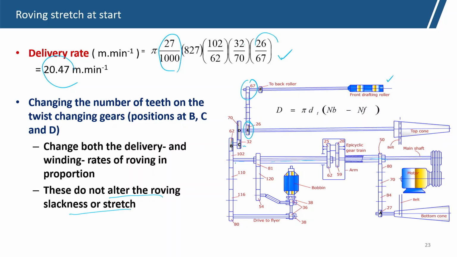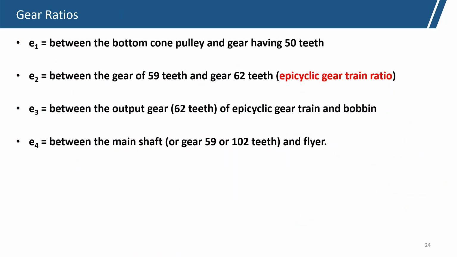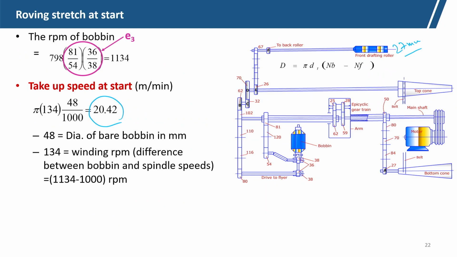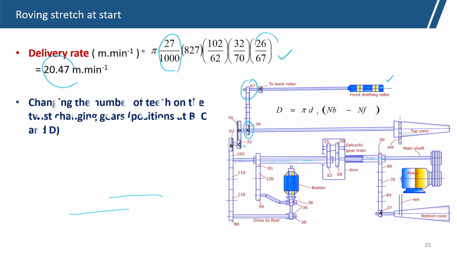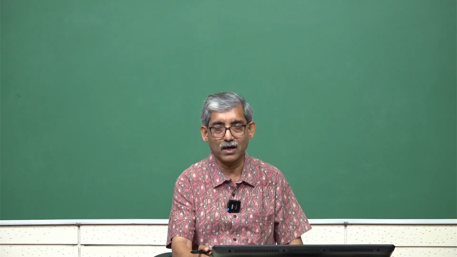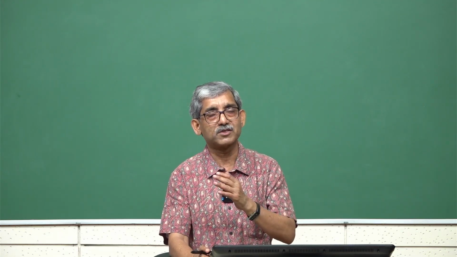Here the roving will be a little bit slack, which we normally keep, because the delivery speed is 20.47 and the winding speed is 20.42 meter per minute. That is what we normally keep, because of the contraction; a little bit of contraction is there. Otherwise there will be stretch.